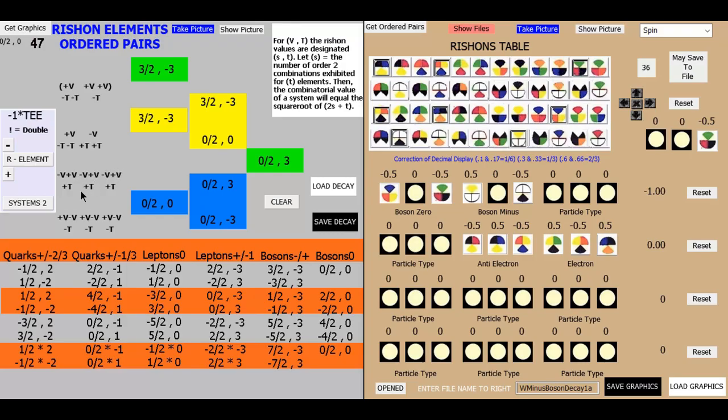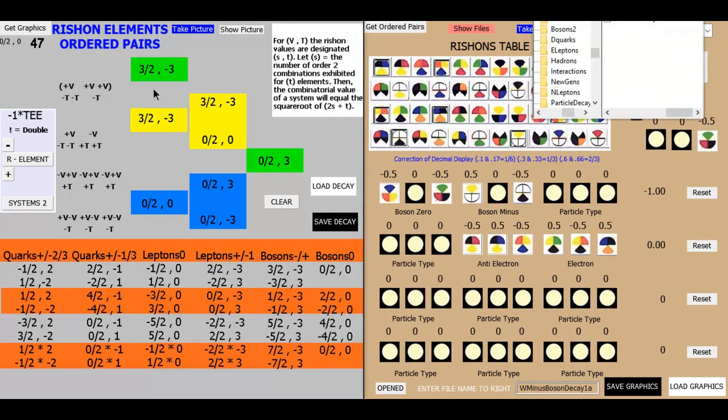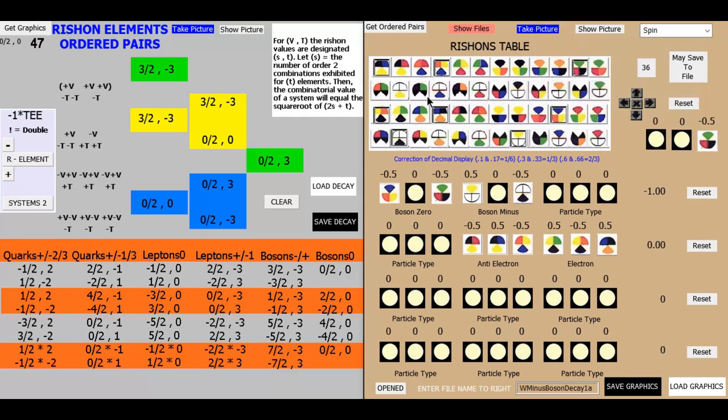And we'll see that we have here a particle-antiparticle pair being a generic anti-electron and electron, or anti-muon and muon pair that we will see will interact here with the scalar boson minus.